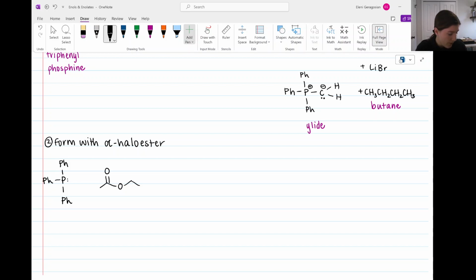We'll make it an ethyl here. Then the alpha carbon to the carbonyl is bonded to a bromine. So remember, this is the alpha carbon in a structure with a carbonyl. So this is an alpha bromoester.